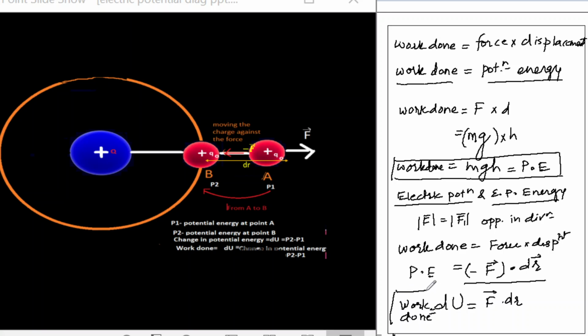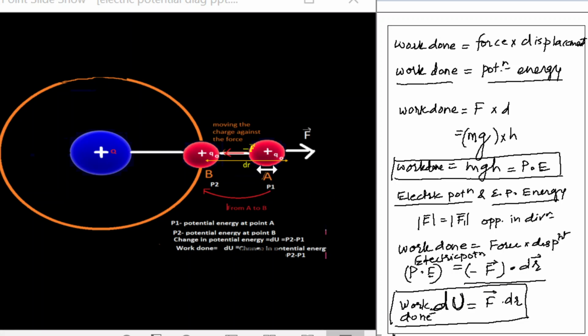So in this way we got the electric potential and electric potential energy. Here you can denote it as electric potential, and that is equal to F into dr, which is equal to the change of potential energy.